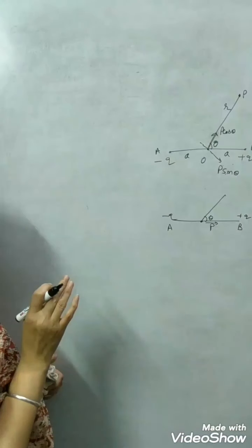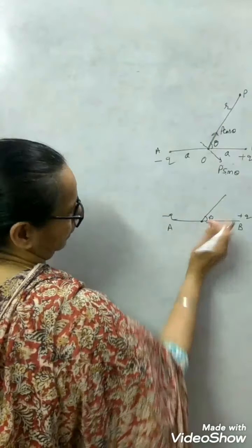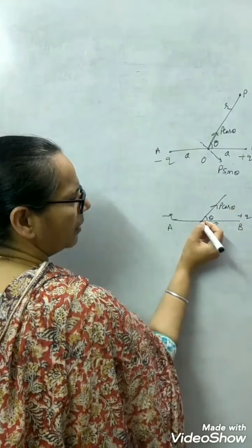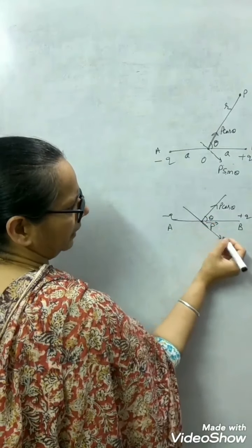The dipole moment P vector resolves into two components, P cos theta and P sin theta.